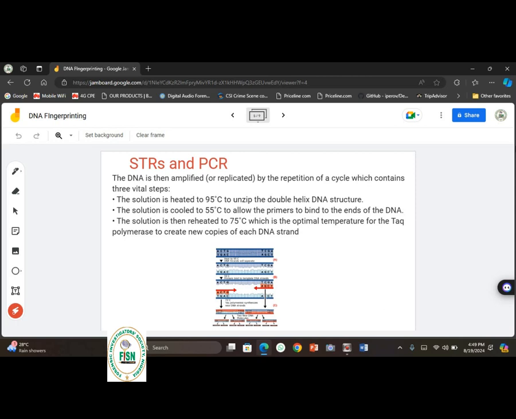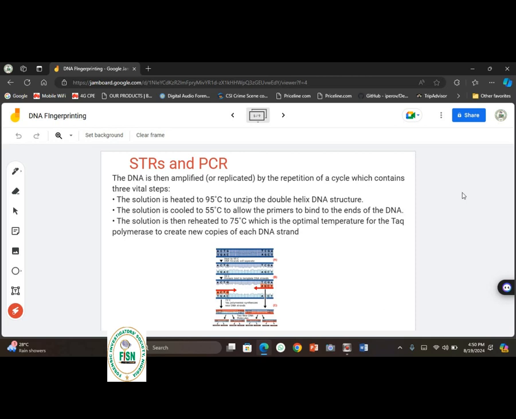In order to amplify the DNA sequence, a pair of short primer sequences, which are complementary to the ends of the targeted sequence, a special heat-resistant DNA polymerase called Taq polymerase, and the solution of the 4 DNA bases are all mixed together in a test tube, which contains a few copies of the targeted DNA sequence.